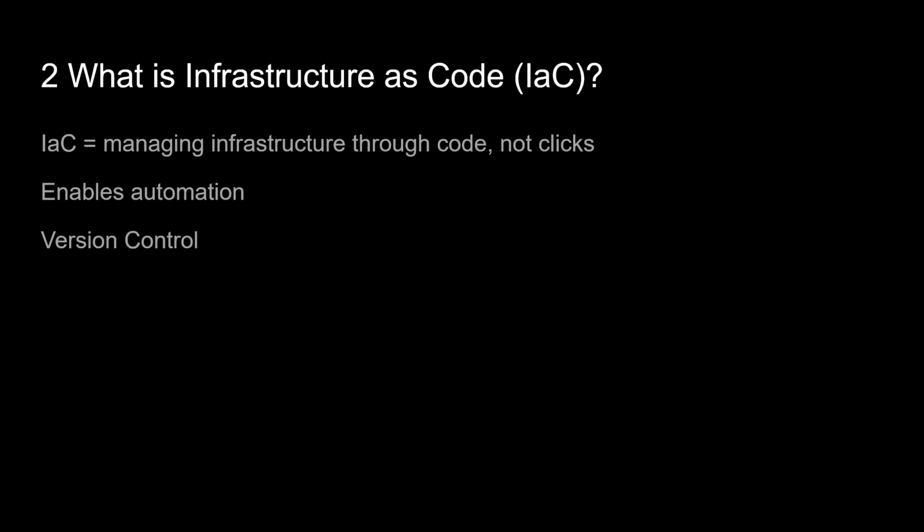Second, it gives you version control. When your infrastructure is stored in Git, you can collaborate, track changes, and roll back when needed. Third, it's repeatable. Once you've written a setup in code, you can deploy it multiple times to different environments and get consistent results.